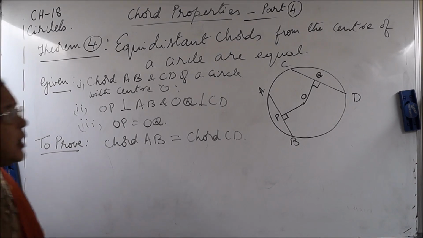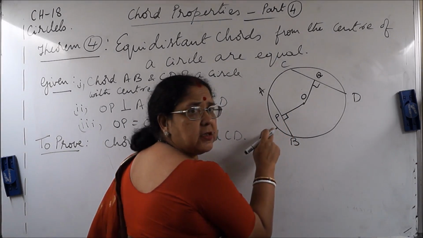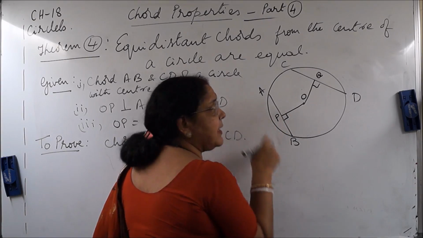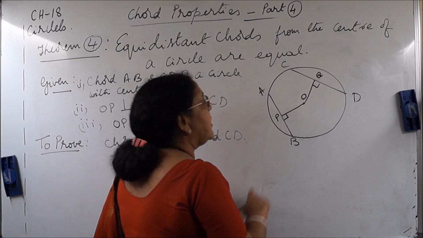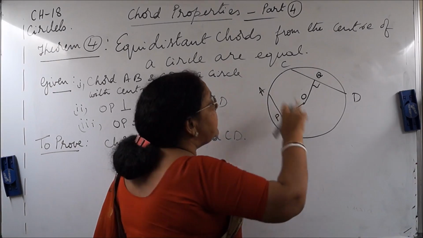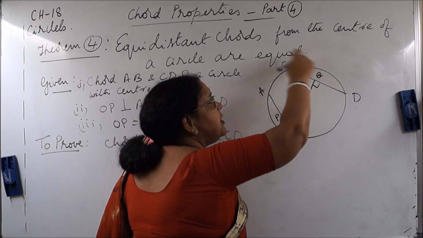What is the previous knowledge? We know that AB is a chord and OP is drawn perpendicular to AB from the center. So therefore OP will bisect AB. So P is the midpoint of AB. That means we know AP is equal to PB. Similarly, we know that Q is the midpoint of CD and CQ is equal to QD.